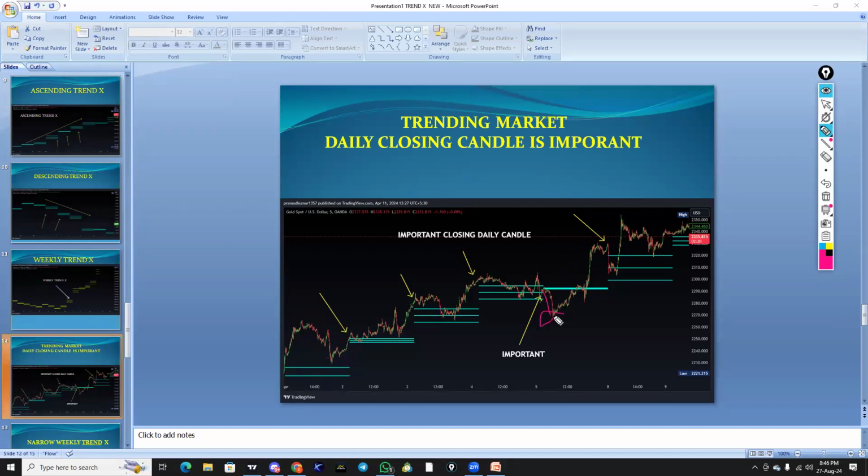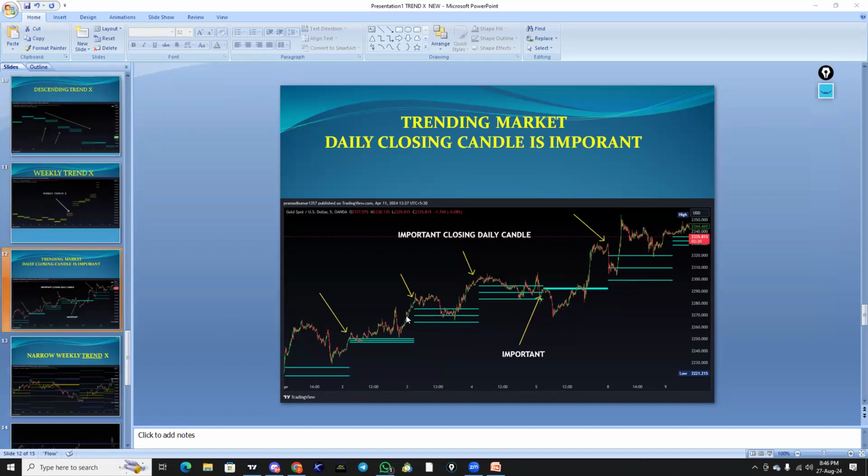From support we are looking for long positions. I'll teach further. You can see how volatile it is when it is super narrow: it started from daily S2 till maybe R3, and the next day it continued. This is a clear uptrend.